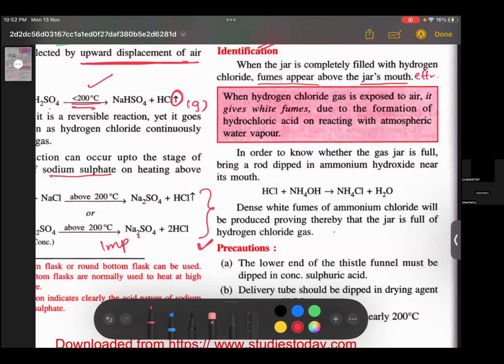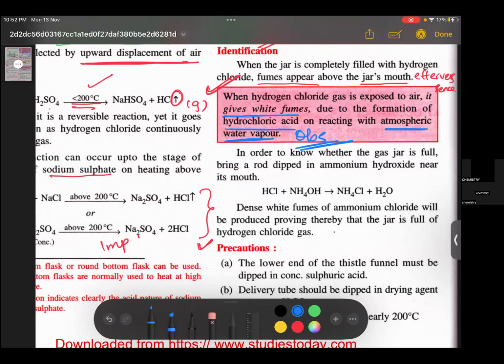This is your observation. We have to give this observation. What will we say? When hydrogen chloride gas is exposed to air, it gives white fumes due to formation of hydrochloric acid on reacting with atmospheric water vapor. So what is the reaction? What is the observation? Immediate observation is you will see white fumes as it reacts with the atmospheric water vapor.